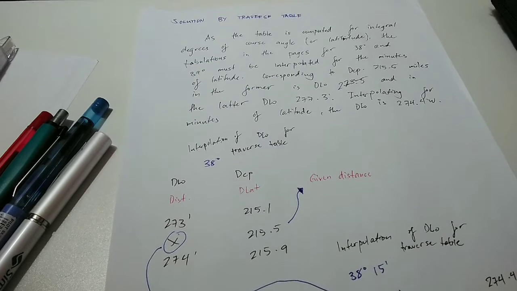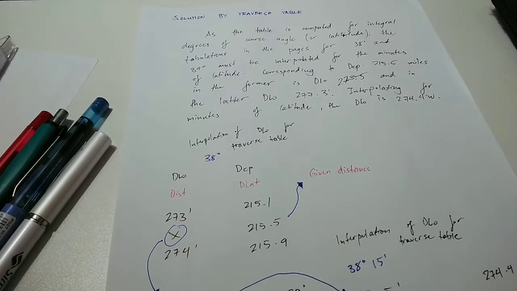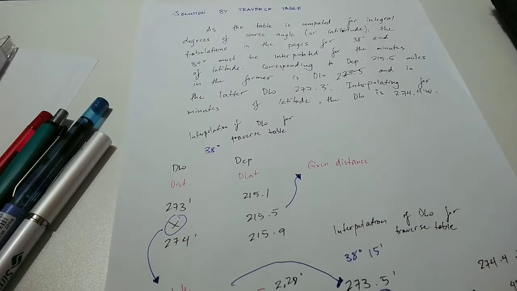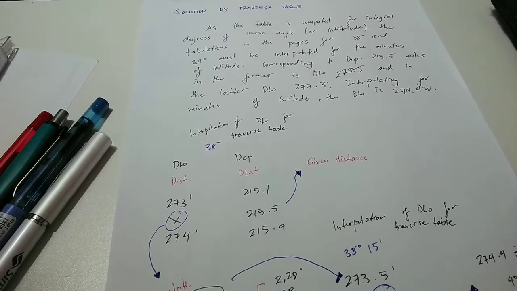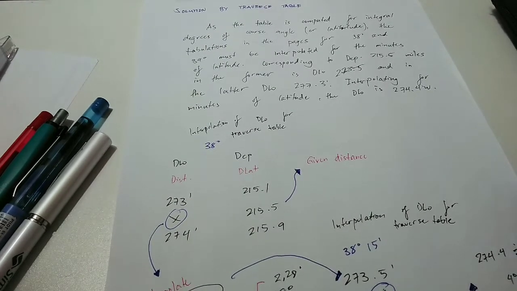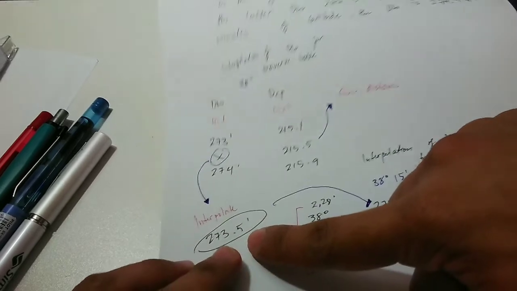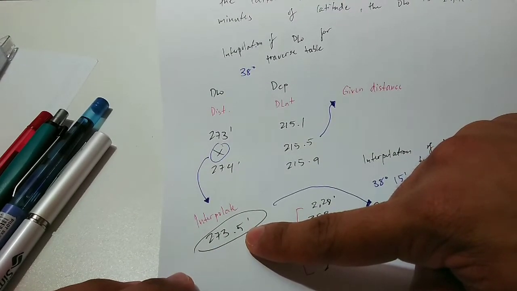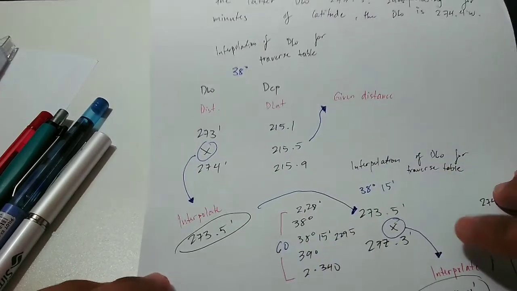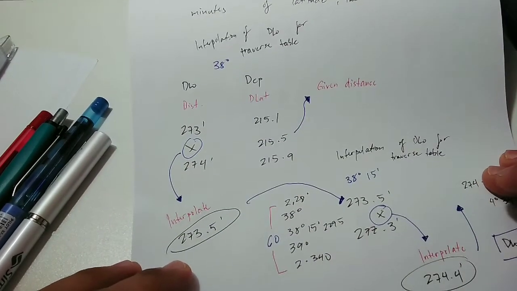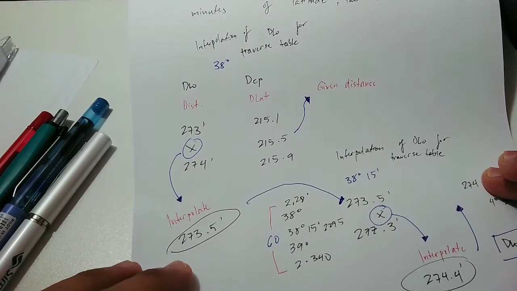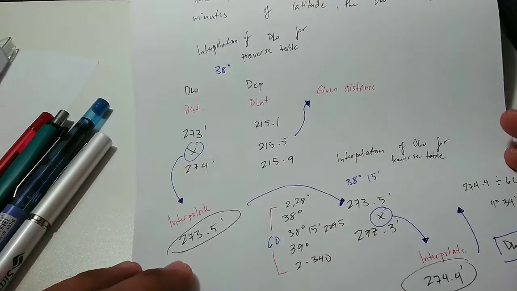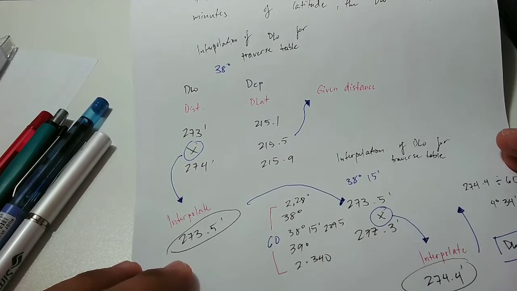After getting both values of D long for 38 degrees and 39 degrees, we get answers of 273.5 minutes and 277.3 minutes respectively.